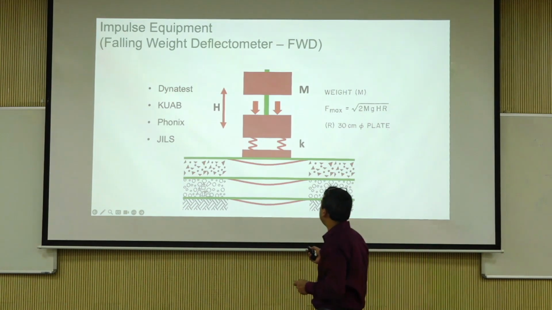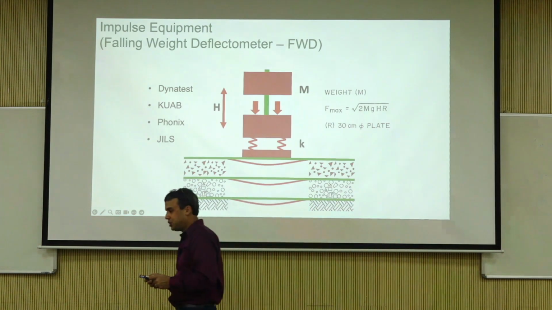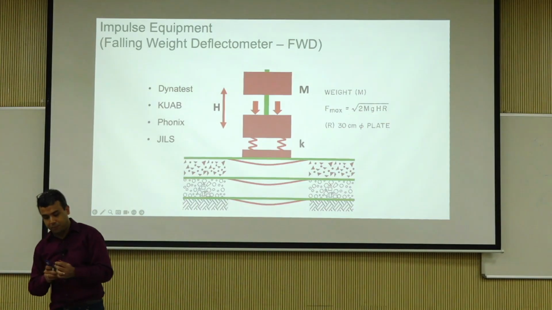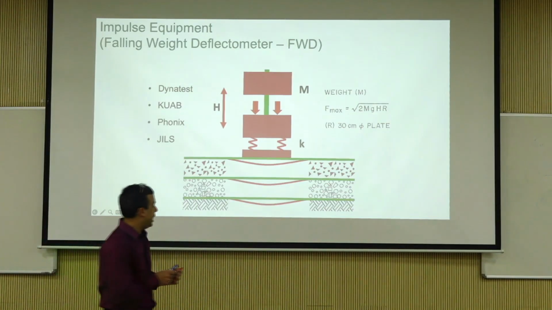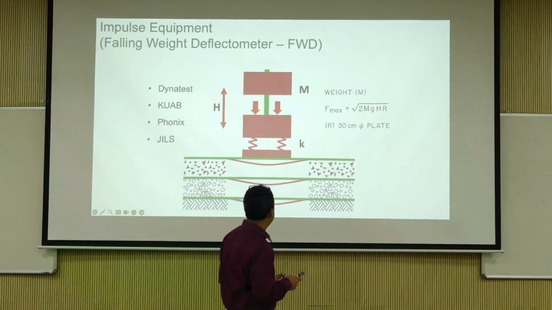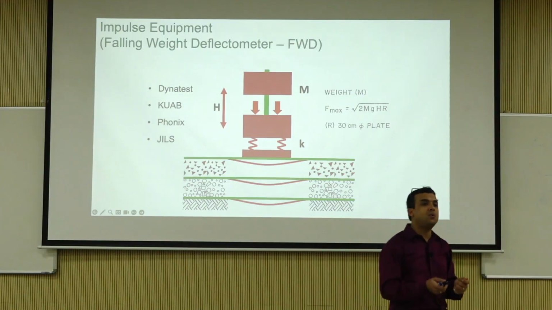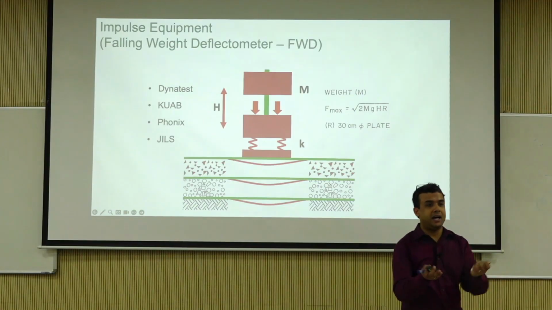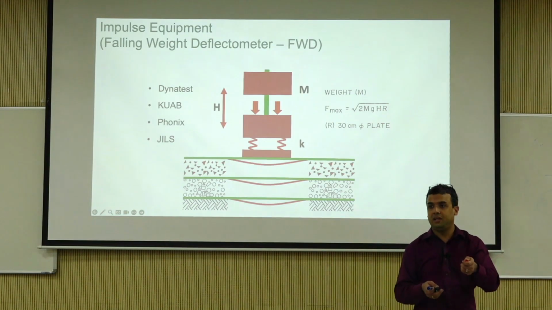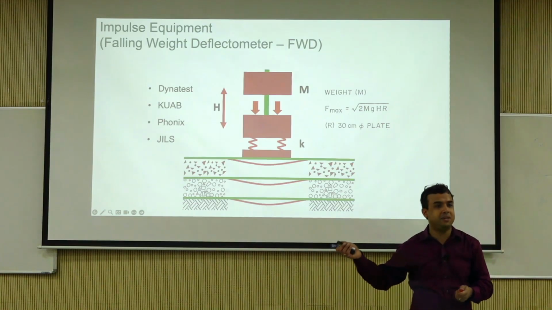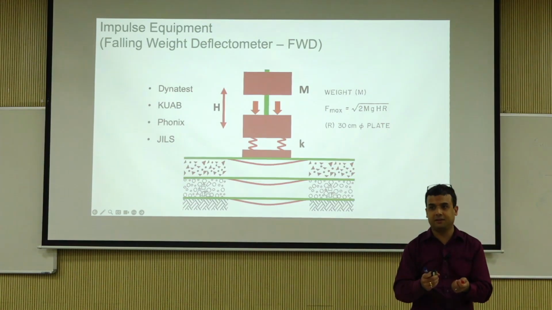There is a lot of research that has gone into this for many decades for FWD testing, how to apply the load, because again, remember the load, if you have a steel plate and if you drop a weight on top of it, you are again doing something similar to what CBR does. You're basically punching it.